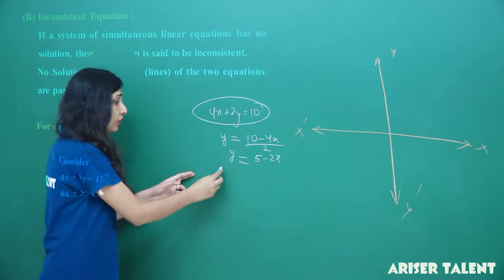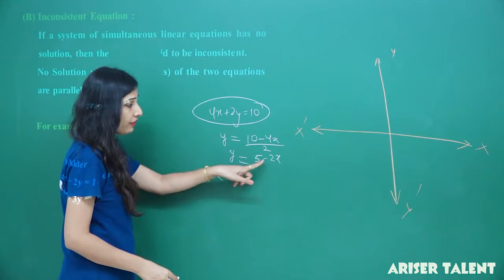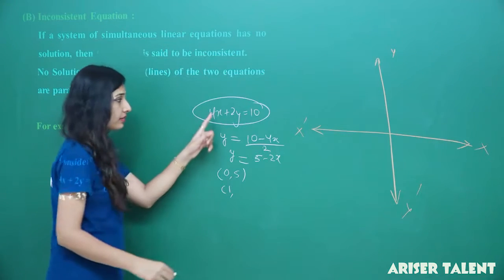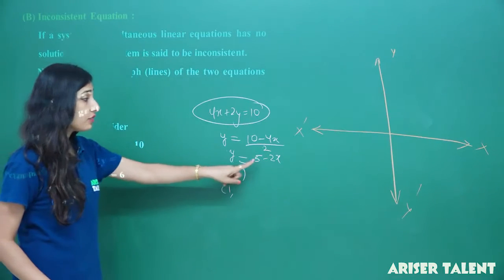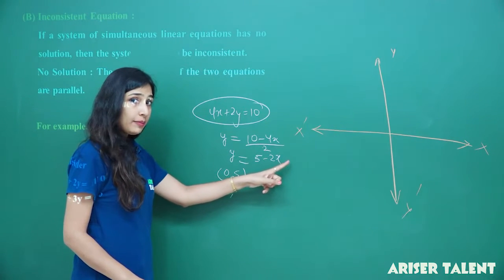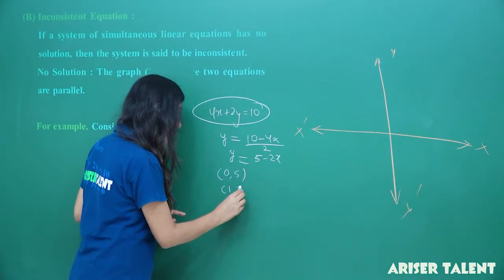Now if the value of x is 0, then the value of y will be 5 minus 0, which is 5. If the value of x is 1, it will be 5 minus 2 multiplied by 1, which is 5 minus 2, so 3, so 1 and 3.